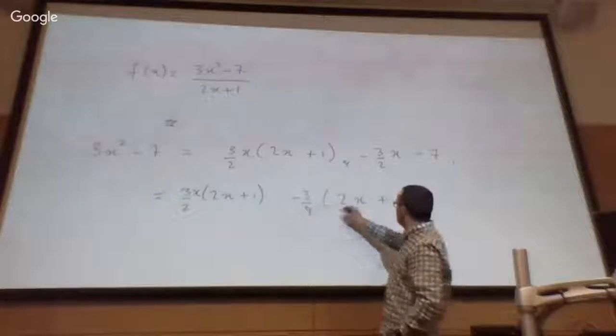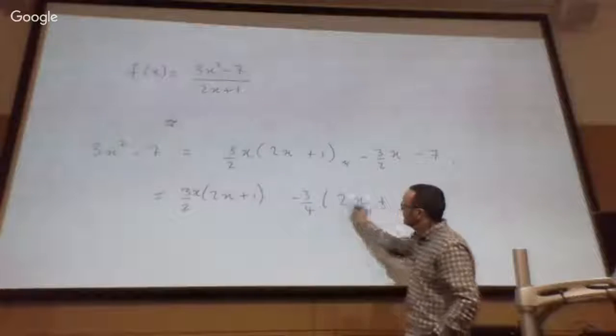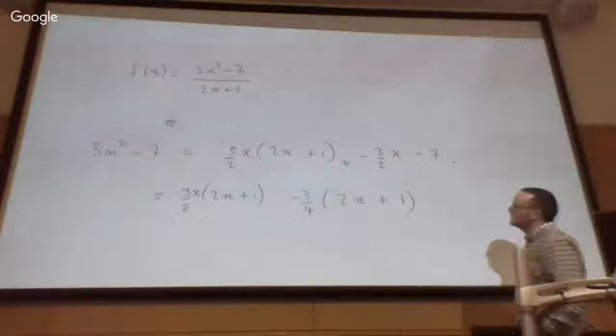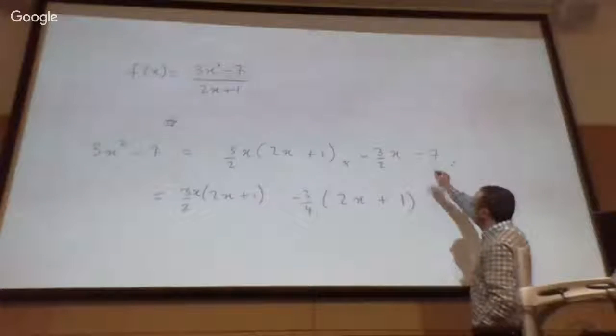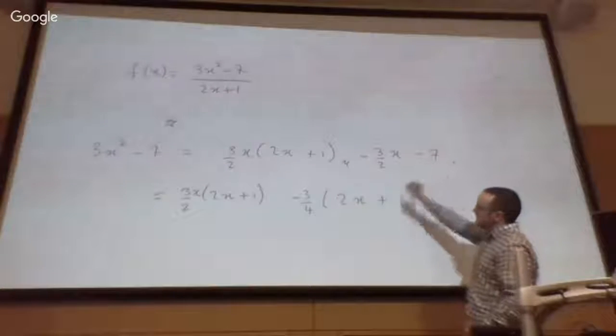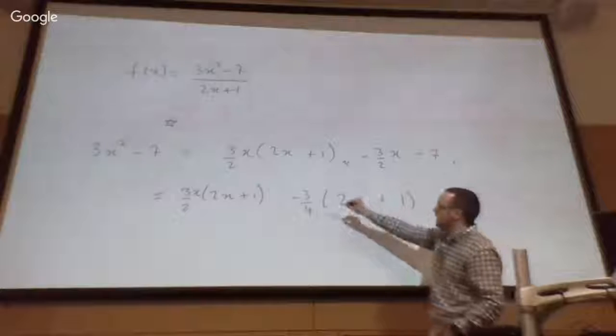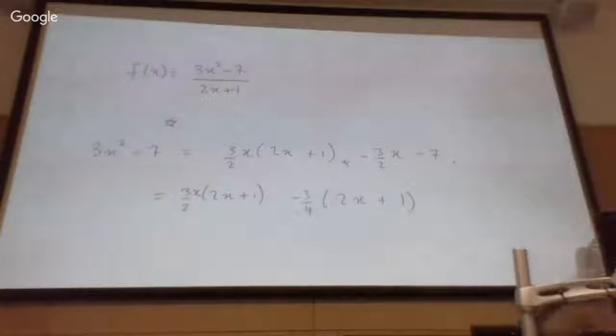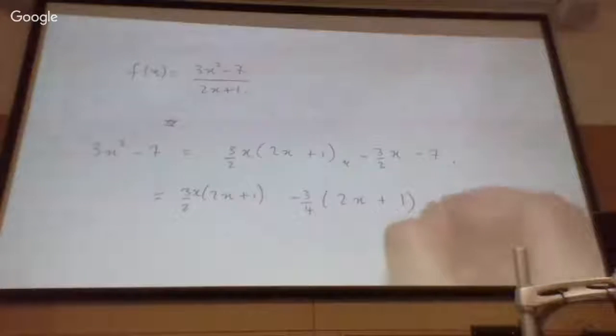And I'll also get a negative 3/4, but I want negative 7. Negative 7 is negative 28/4. So if I've already got negative 3/4, I need an extra negative 25/4 in order to complete that equation.